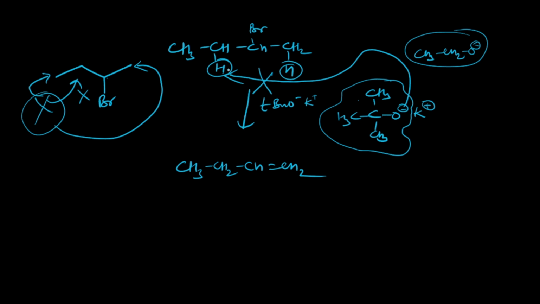Now this is not possible because it is in between, middle. So now it has only one option. It can pull only this hydrogen. If it is pulling this hydrogen, then this bond will shift over here and the leaving group will go out. So you are getting this as a 100% product, and this is not your Saytzeff product, correct? We call it Hofmann product. Understood? We call it Hofmann product, right?